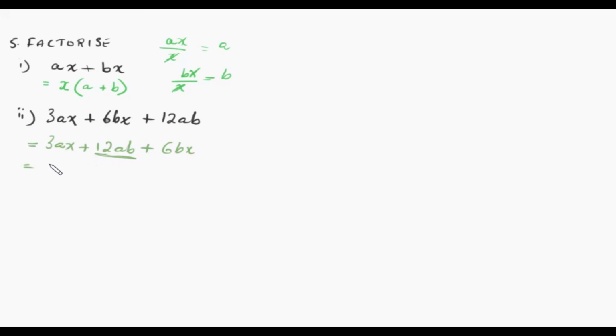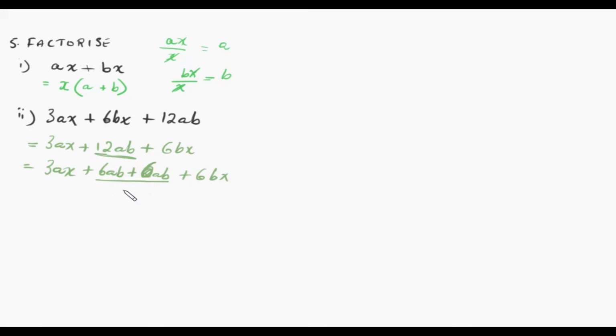Let's say we have 3ax plus 6ab plus 6ab plus 6bx. So we have just split this 12ab into 6ab plus 6ab.